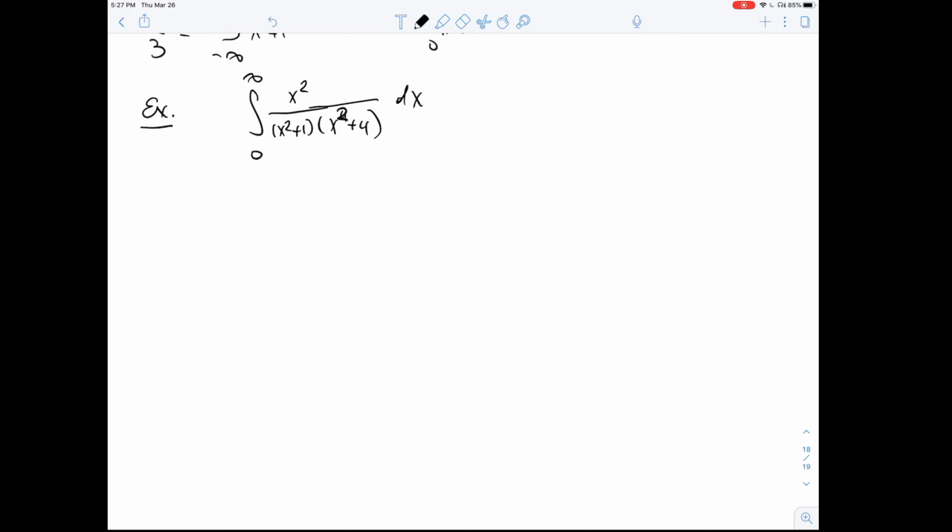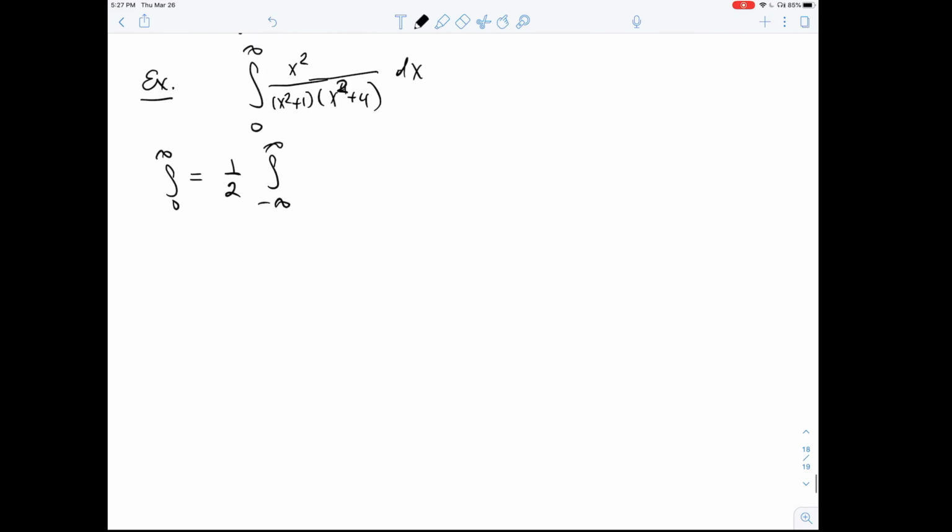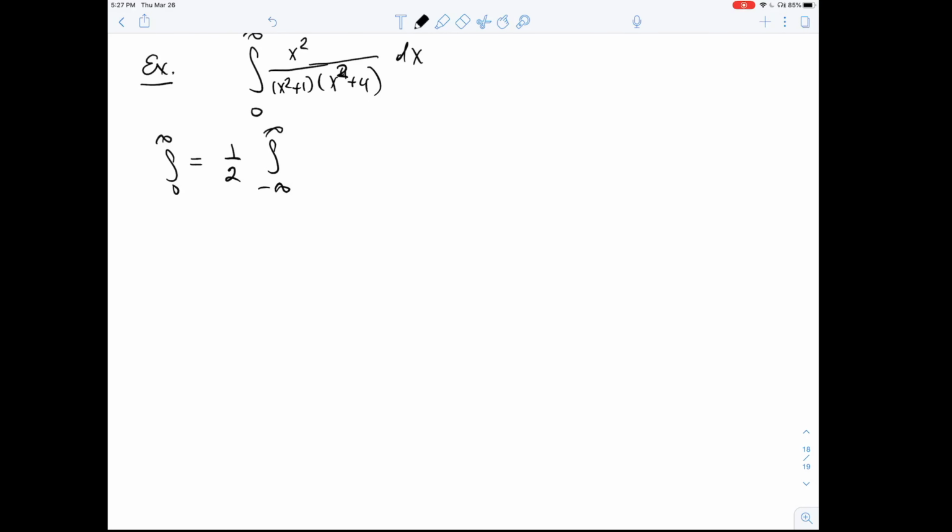Okay, so first of all, because it's an even function, we know again that the integral from 0 to infinity is the same as 1/2 times the integral from minus infinity to plus infinity. So then we'll use the same contour as before, the same CR.